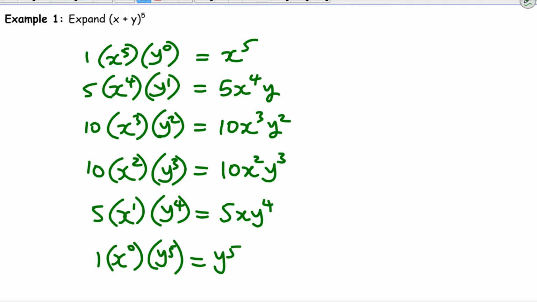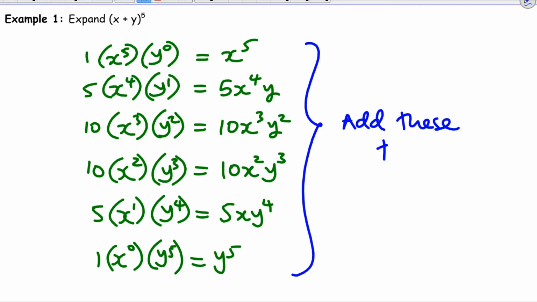Now, what you're going to do next is to add all this. So we add these terms to get our expression for the expansion of x plus y to the power of 5.